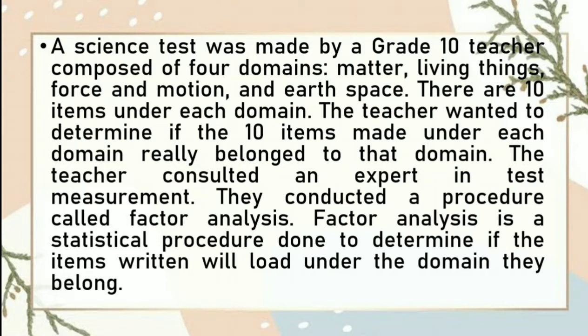The situation example is a science test made by a grade 10 teacher composed of 4 domains: matter, living things, force and motion, and earth and space. There are 10 items under each domain.